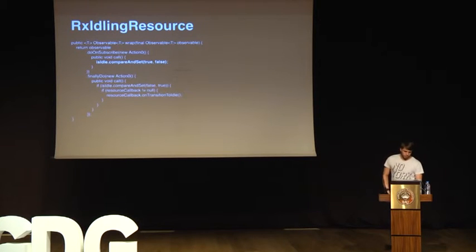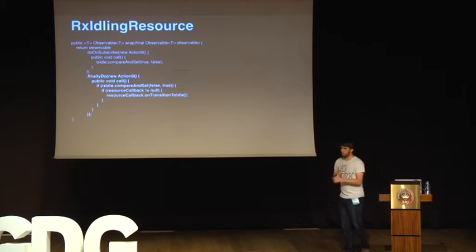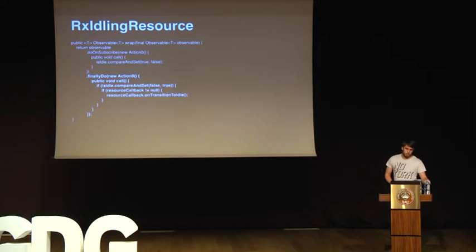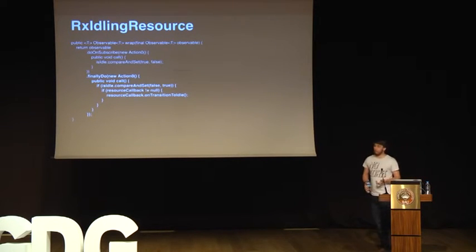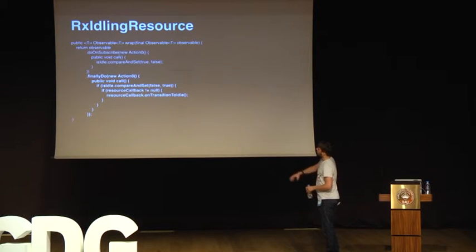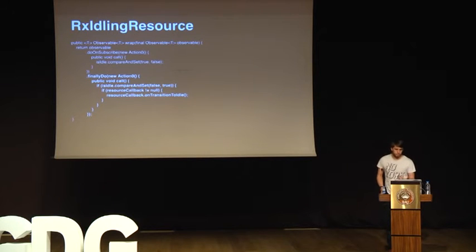Then we hook up with the finally do. The finally do is executed either when the observable fails, so there is an error, or when the observable completes, so basically all the time. Then we say, okay, now the operation is complete, and we call on transition to idle. And Espresso knows that it can just continue and execute the next steps.